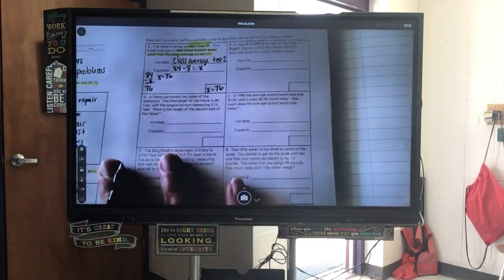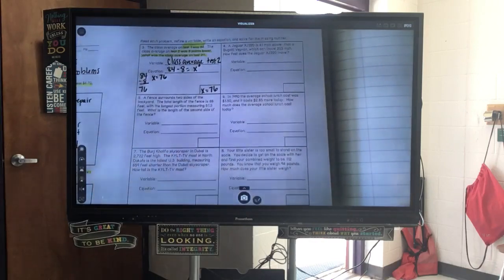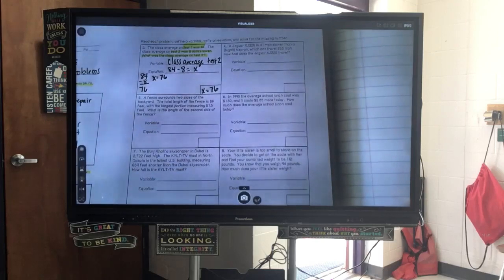Alright, let's look at number 4. It says a Jaguar XJ220 is 41 miles per hour slower than a Bugatti Veyron, which can travel 253 miles per hour. How fast does the Jaguar XJ220 travel?